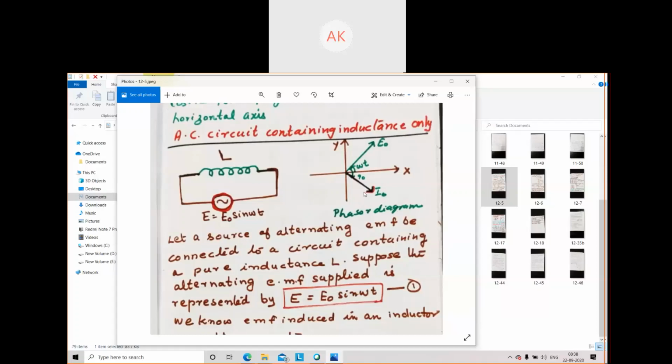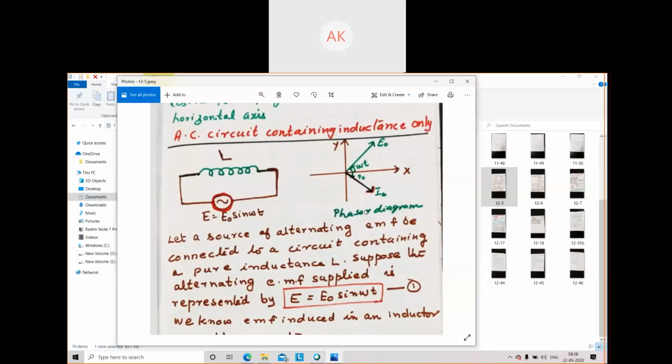The inductor offers some resistance to AC. That is known as inductive reactance. But it will not offer any resistance to DC current. The inductor offers resistance to AC only. That opposition offered by the inductor to AC is known as inductive reactance.